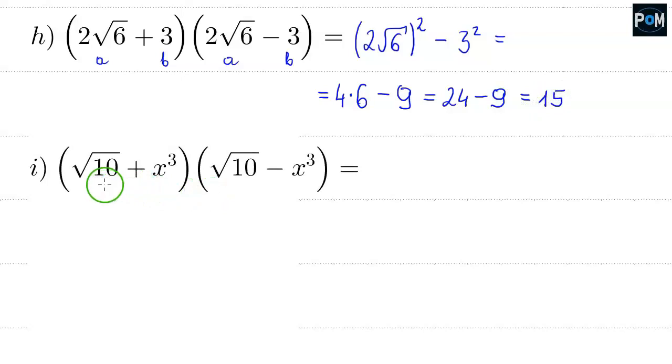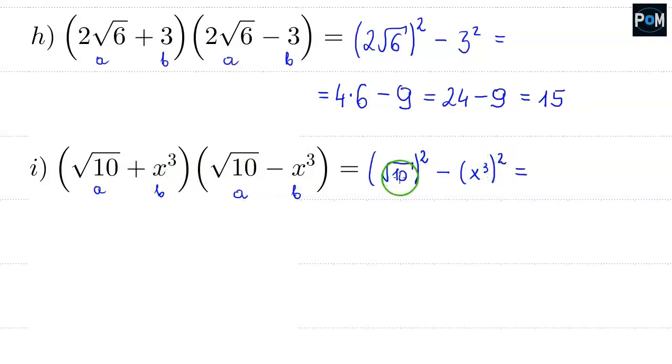Next example. We have the square root of 10 plus x to the third power and the square root of 10 minus x to the third power. The signs are as they should be. The order is correct too. So our a is the square root of 10 and our b is x to the third power. And according to the formula, first a, that means square root of 10 raised to the second power, minus b means x to the third power squared.